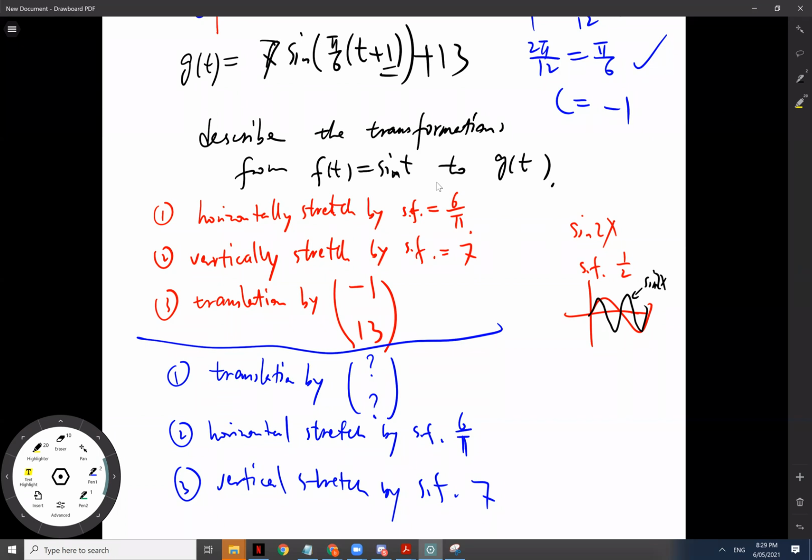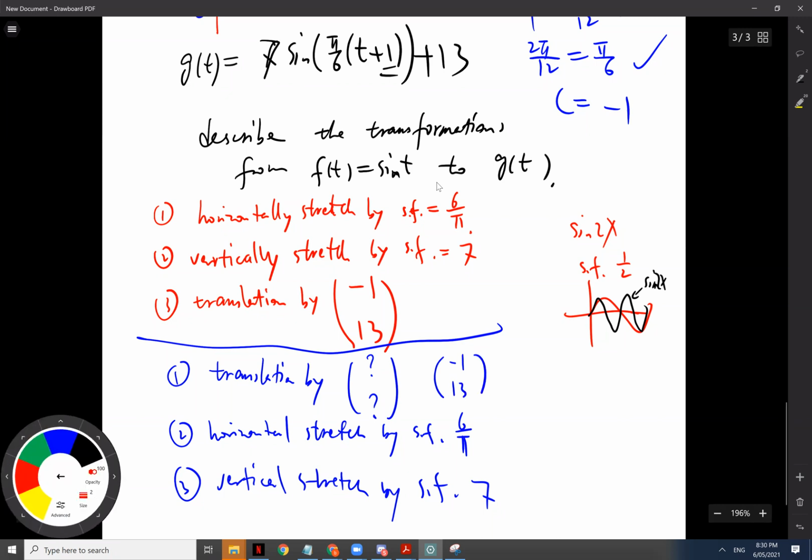Maybe no. No is correct. For example, if you really just use -1 and 13, what happened?